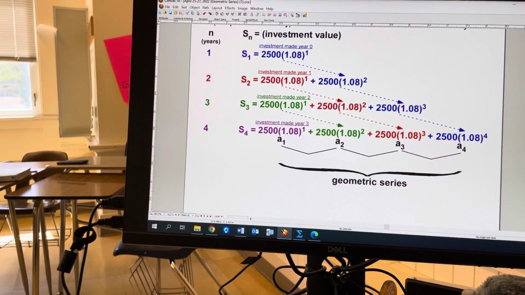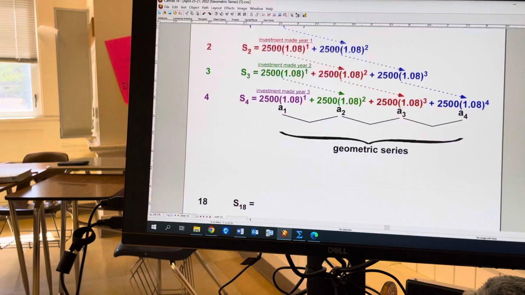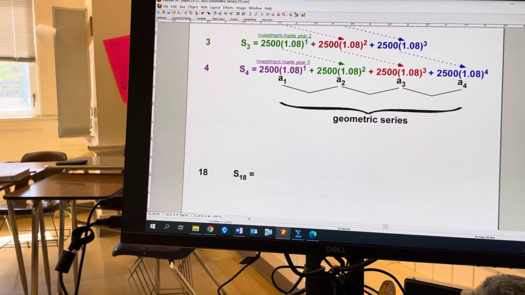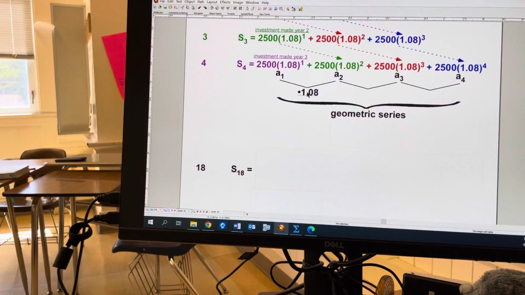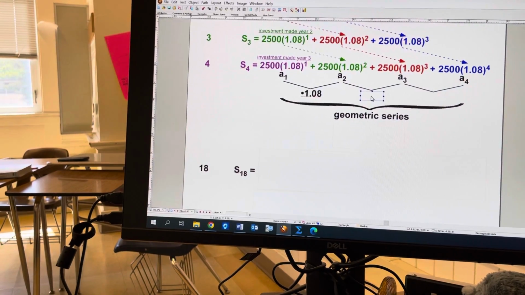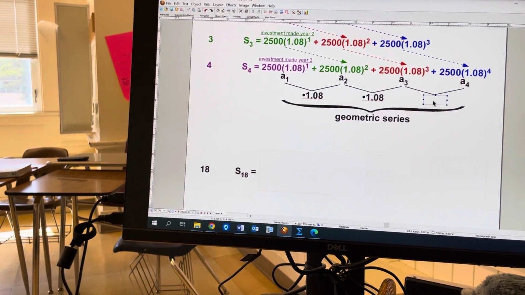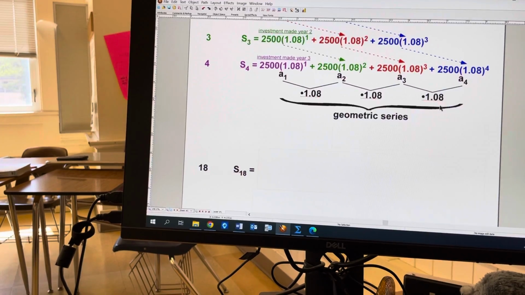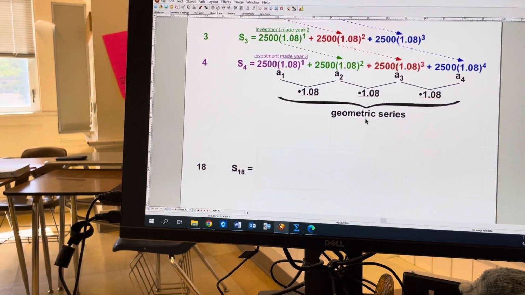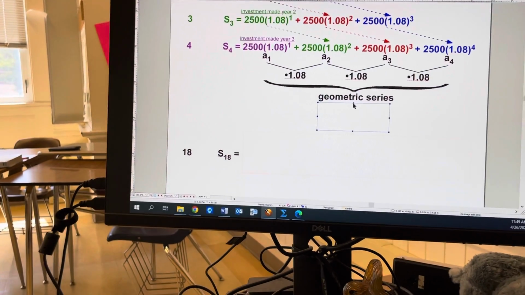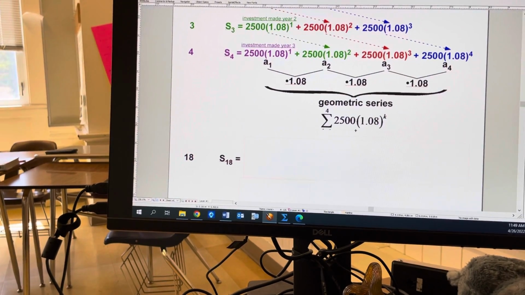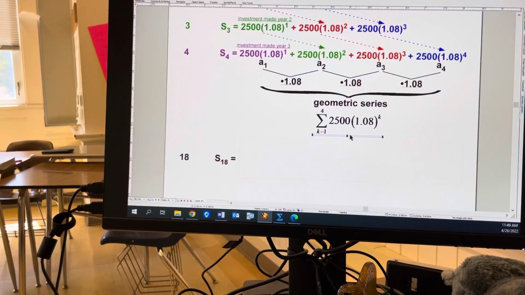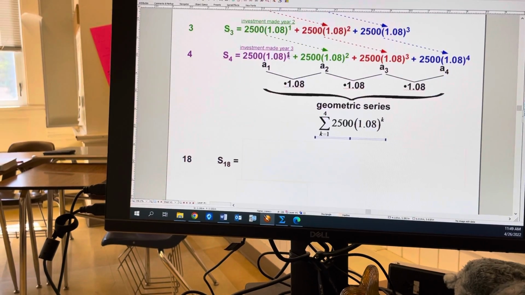So let's think of this as a geometric series formula. Here, I'm multiplying by 1.08 every single year, and that we know as R. So what I've got for my geometric series is this. In this scenario we're only doing 4 years.